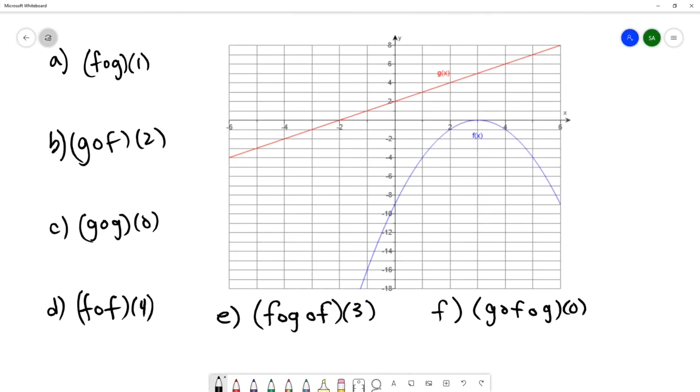And what we know about the operation of composition is that one function gets substituted inside of the other function. So this is going to be F of G of 1.